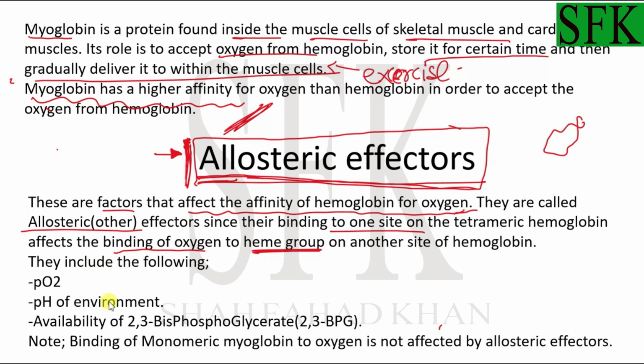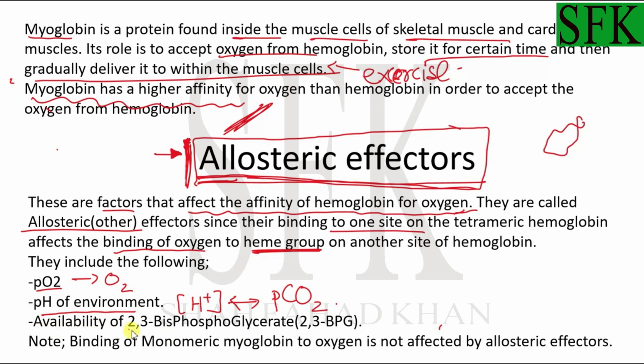Okay, now the most important ones are the partial pressure of oxygen itself. Okay, the oxygen concentration itself acts as an allosteric effector. The pH of the environment, okay, the proton concentration basically in the environment, which is actually dependent upon the partial pressure of carbon dioxide in the tissues, and we are going to talk about this as well in great detail in the upcoming lecture.